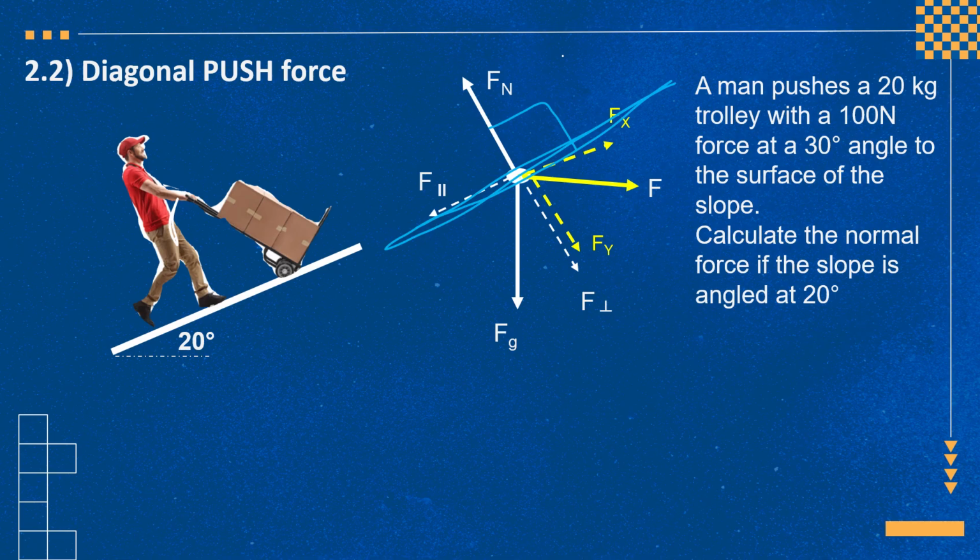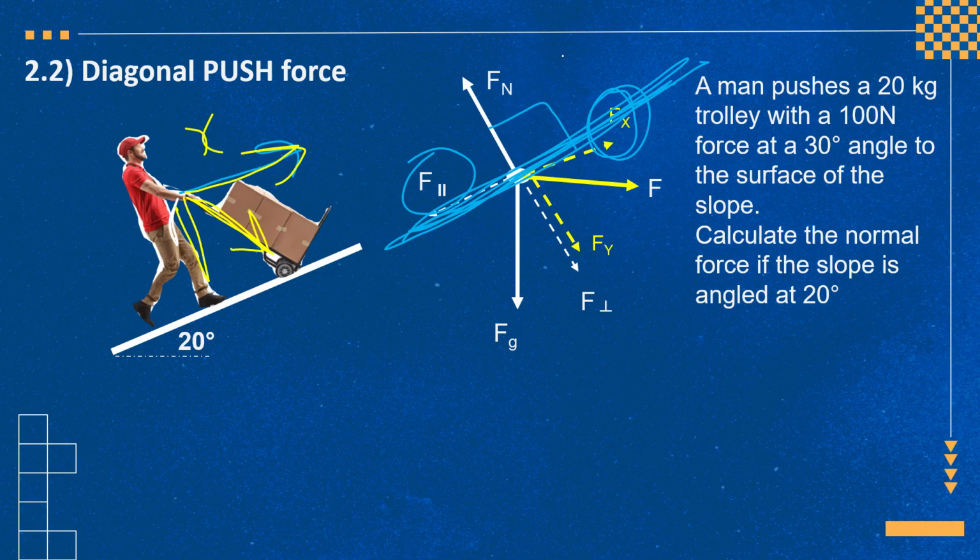So there is my yellow push force, and remember, this is the surface, guys. So F parallel is parallel to the surface, but also the X component. So this yellow force, remember, has an X component and it has a Y component. And that is what you see here.